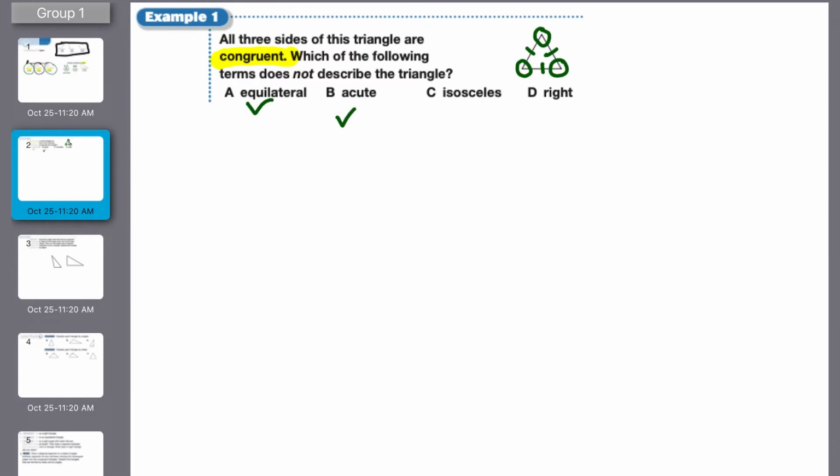Isosceles. Isosceles means two sides are congruent, two sides are equal, that checks out. You have more than two. And then right, there are no right angles, so this one would have to be the one that does not describe this triangle.